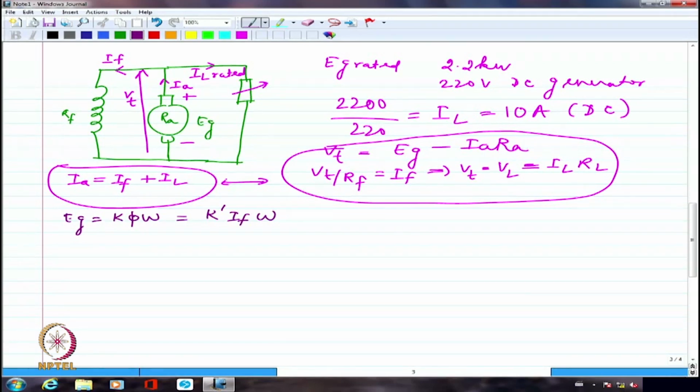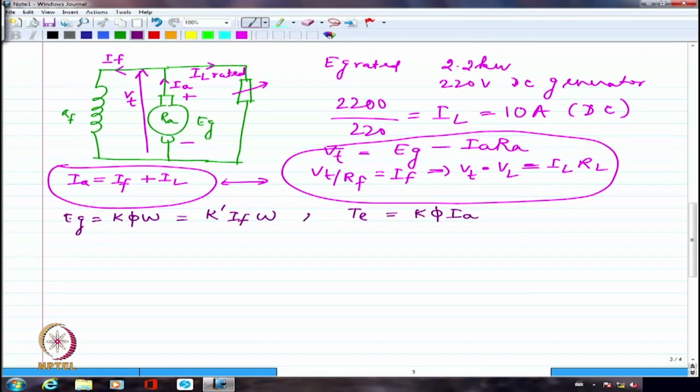And the electromagnetic torque generated within the generator, which is actually a counter torque, is going to be K phi multiplied by IA.